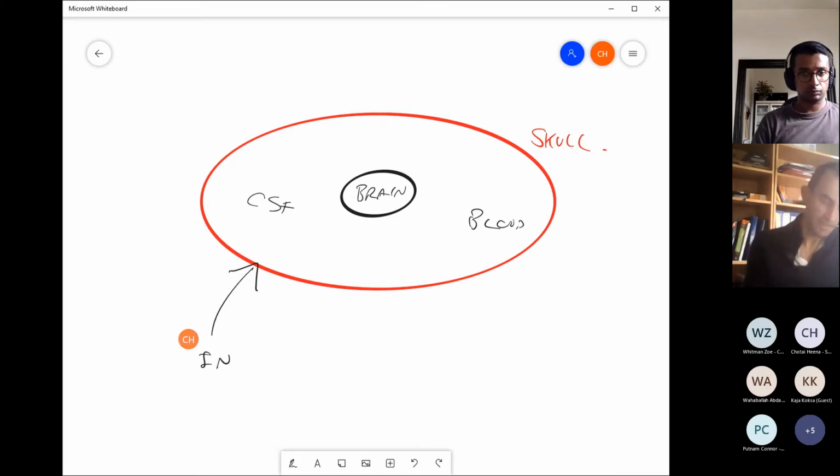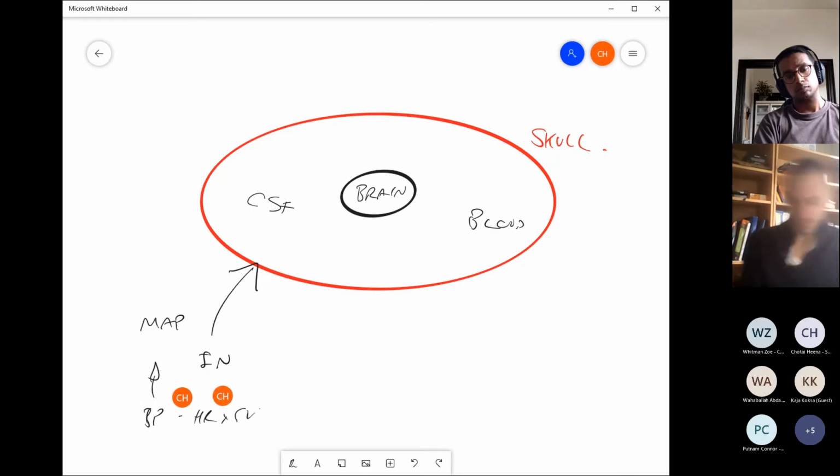And the inflow to that skull is dependent on the pressure. So it's dependent on the mean arterial pressure. And that is blood pressure, which is dependent on heart rate and stroke volume. In terms of the outflow from that skull, that's restricted by the CVP, venous pressure.